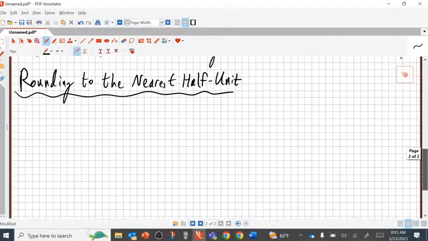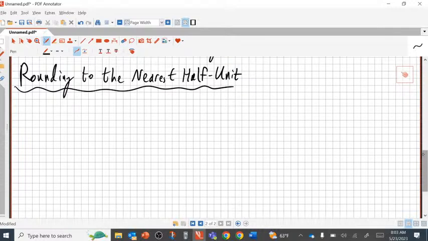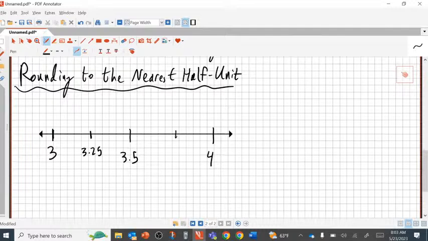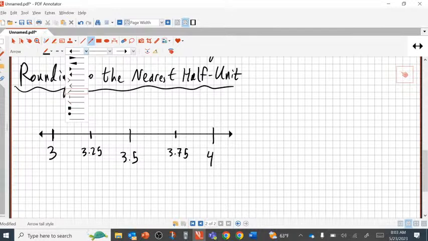So when we're rounding, just like we talked about in our warm-up, if you've got a number line, let's say 3 here, 4 here, 3.5 here, 3.25 here, 3.75 here. 3.75 and above is going to turn into a 4. 3.25 and above is going to turn into a 3.5.